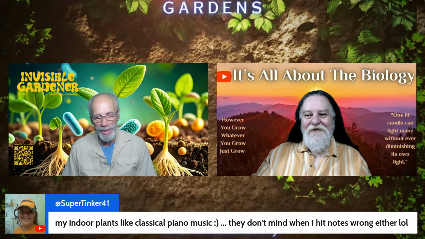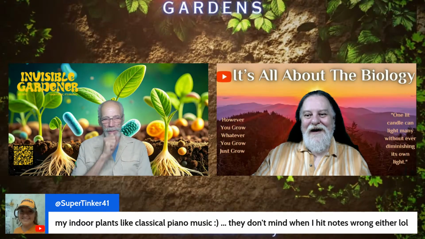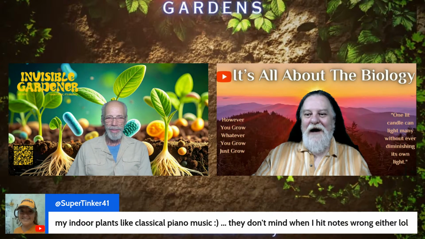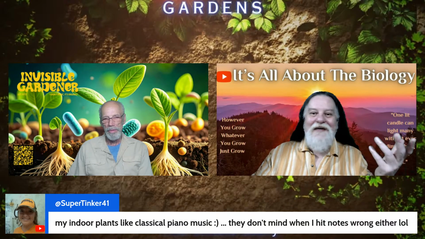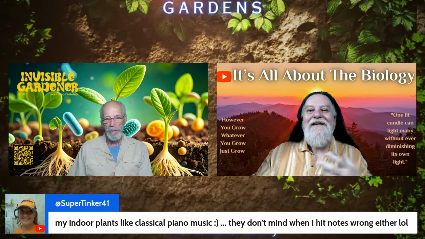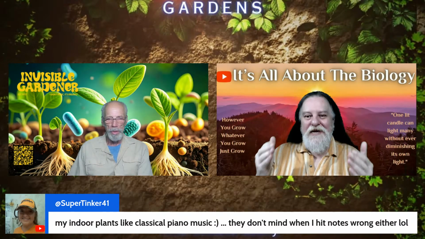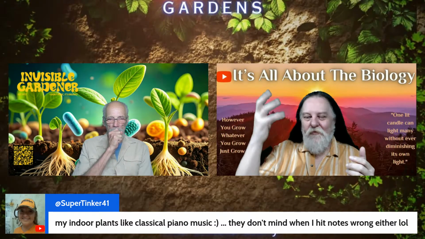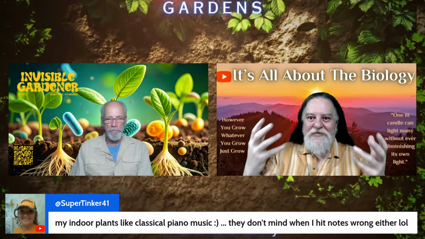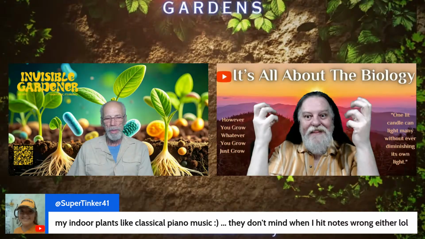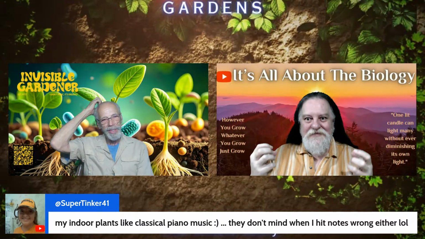And Super Tinker says, my indoor plants like classical music. They don't mind when I hit notes wrong either. So yeah, the plants feel that vibration, guys: energy, frequency, vibration. That's why rain is a much better water. It's getting that energy out of the atmosphere.